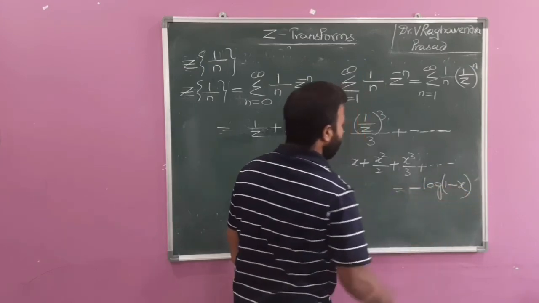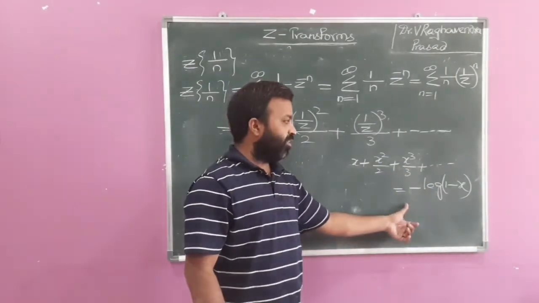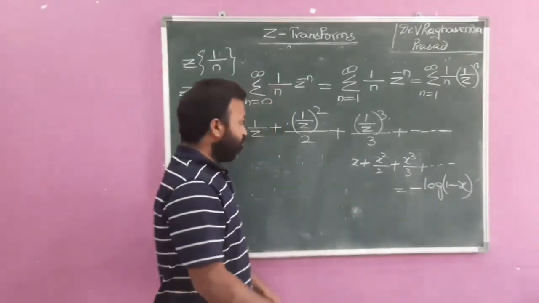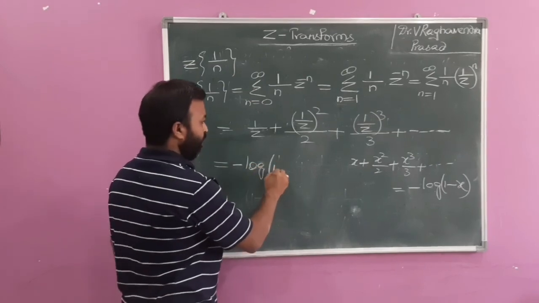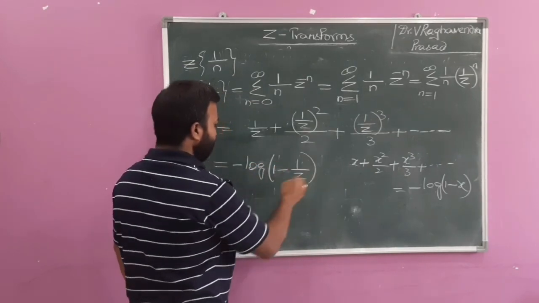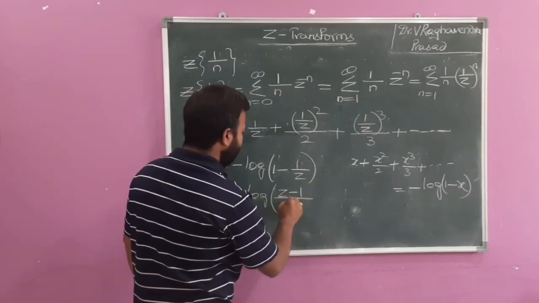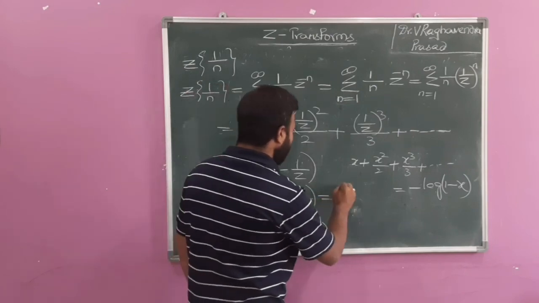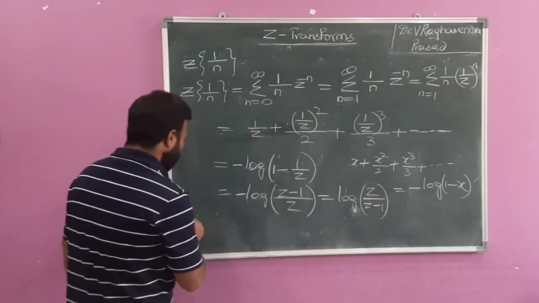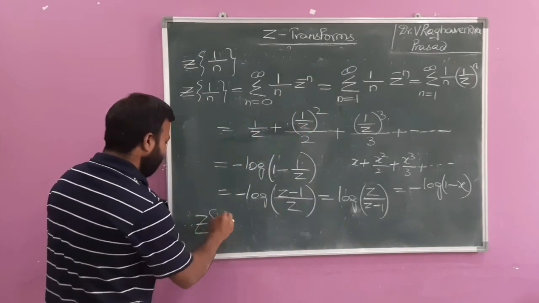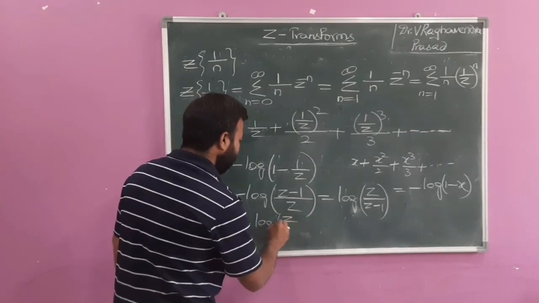The expansion of x plus x square by 2 plus x cube by 3 plus and so on gives minus log of 1 minus x. So now by making use of that formula, we write here minus log of 1 minus x, where x is 1 by z. So now this is equal to minus log of z minus 1 by z, or we can write this as log of z by z minus 1. So therefore, the z transformation of 1 by n is log of z by z minus 1.